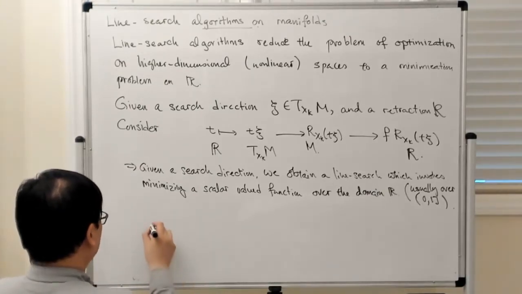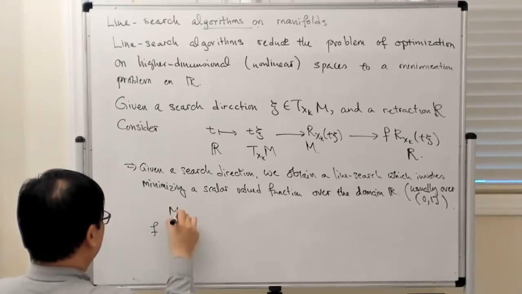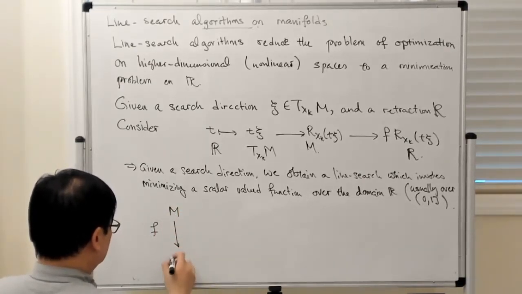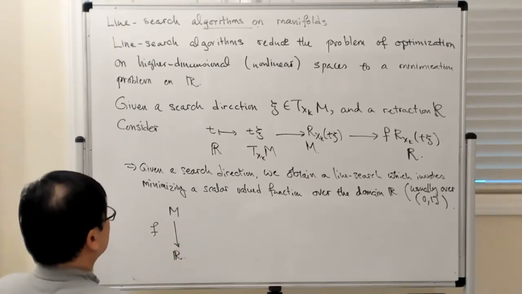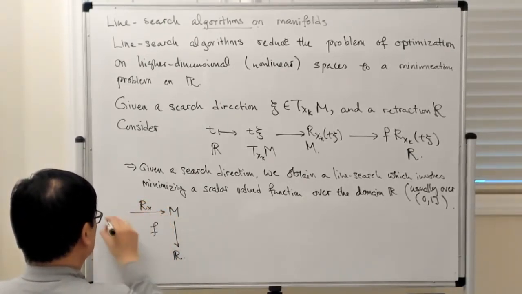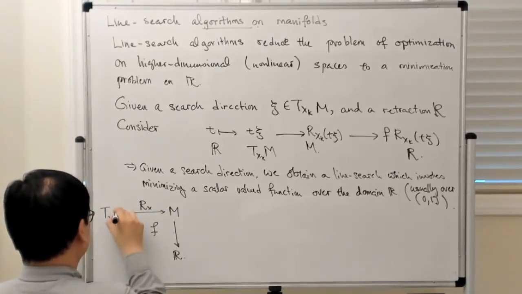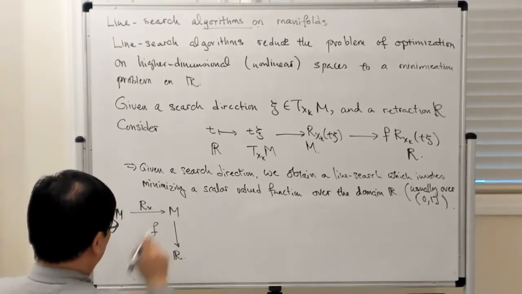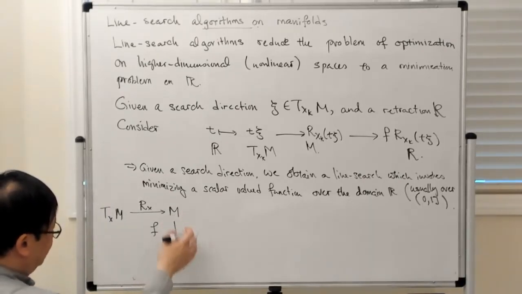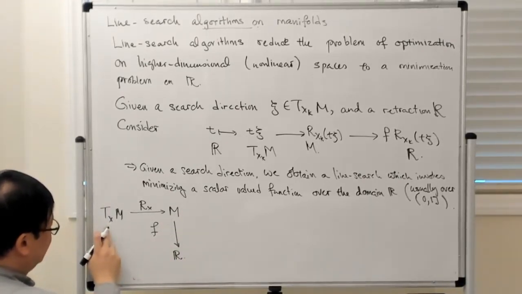You have a function f, which is a map from the manifold to the reals, and then you have a retraction, which is a map from T_x M to the manifold. So you have a function from M to R, and a map from T_x M to M.